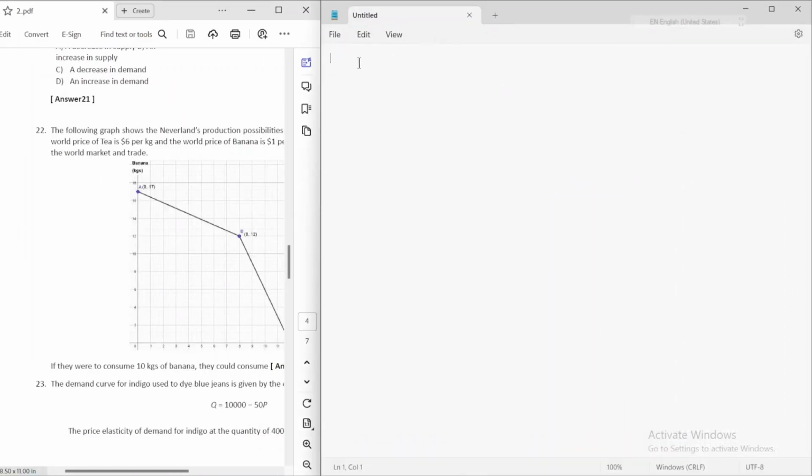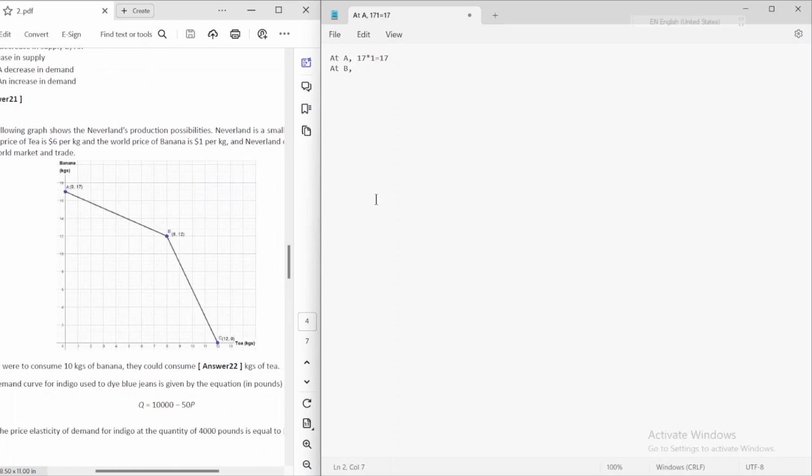So at point A, what is the revenue? At A, revenue is 17 times 1, which is 17. At B, this is 8, 12, so 8 times 6 plus 12 times 1.